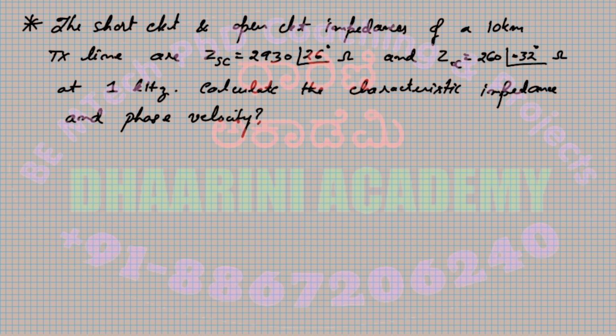When you short circuit, you see an impedance of 2930, and with the load open circuit, you see an impedance of 260 at an angle of minus 32. The value of impedance at the load is not given. So how do you relate the short circuit impedance and open circuit impedance to Z naught?